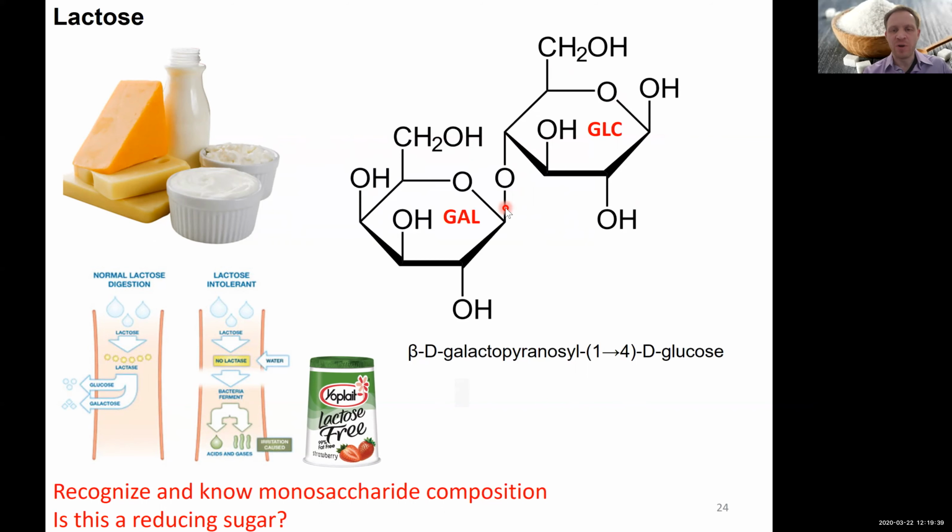It is actually more common in cultures that more heavily rely on dairy in their diet. So if you have a reduced activity or reduced amount of lactase, you cannot break this glycosidic bond. And then the bacteria in your gut will start to ferment this sugar. This causes all the issues in your gut and the gases that come with lactose intolerance. Right?